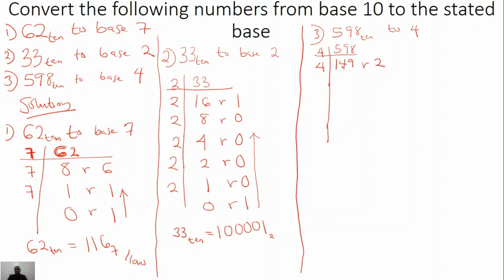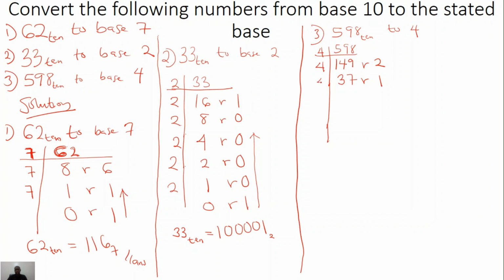That will be 37, remainder 1. That's because 4 times 37 is equal to 148.